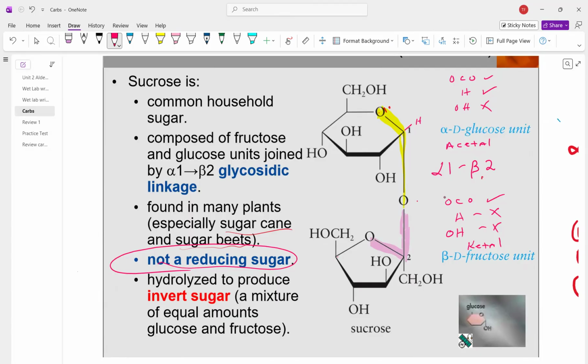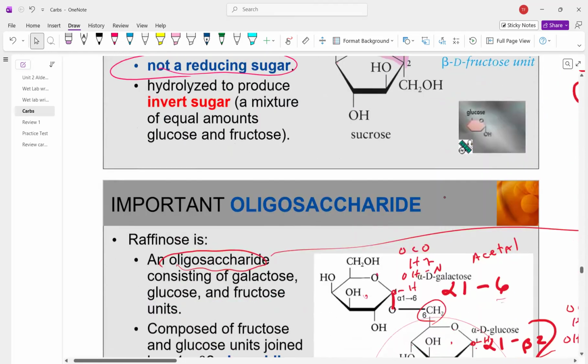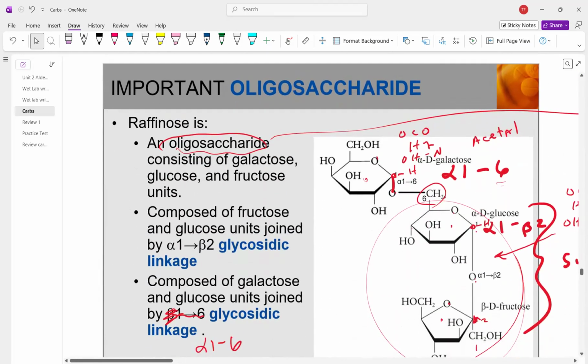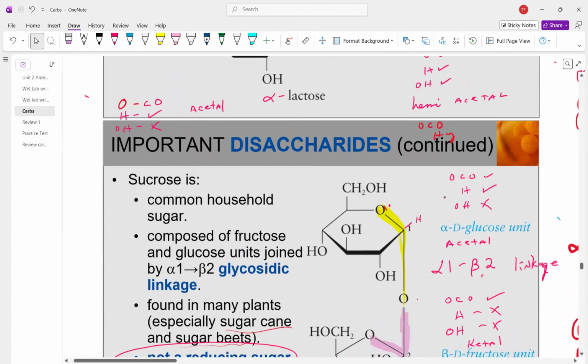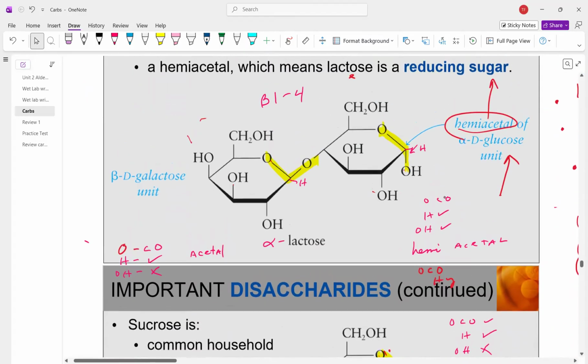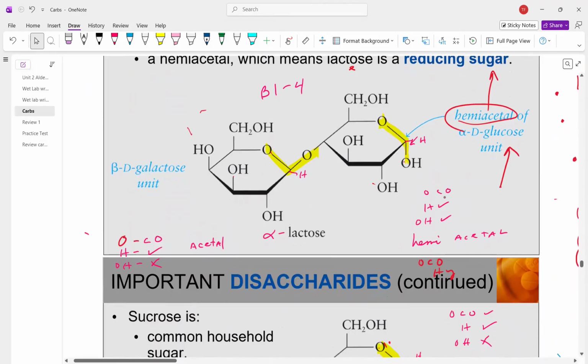So it's an alpha 1 beta 2 glycosidic linkage. And again, no hemiacetal, not a reducing sugar. Okay. So those are the 3 disaccharides. Maltose, lactose, and sucrose.